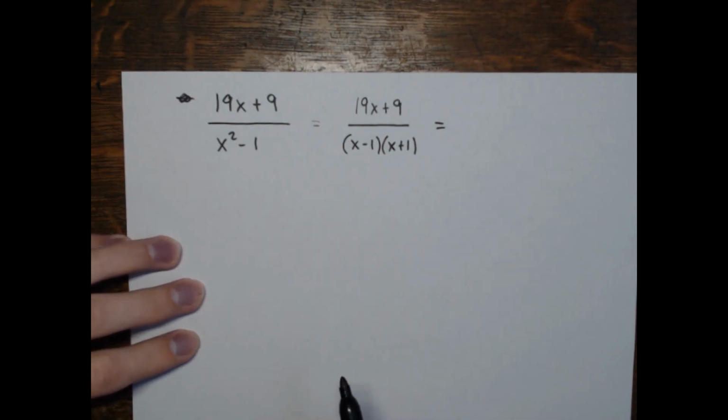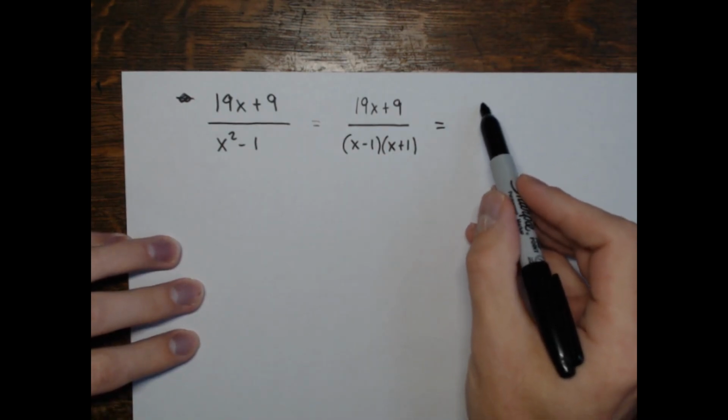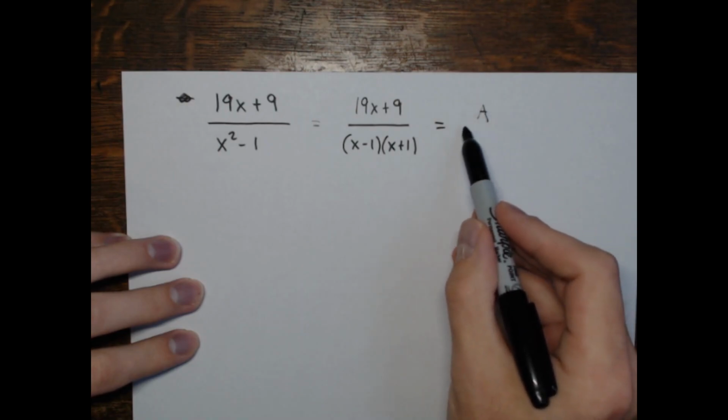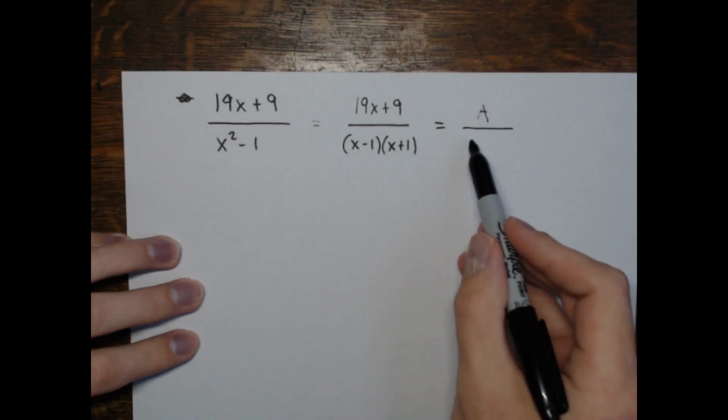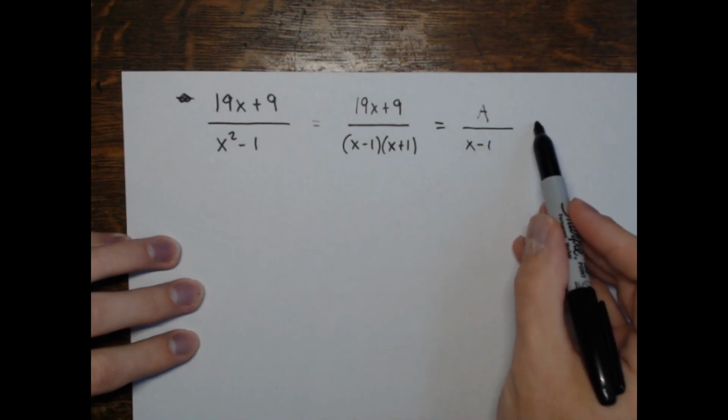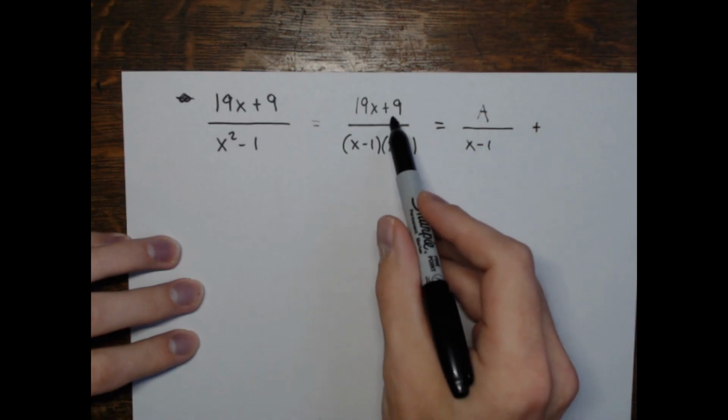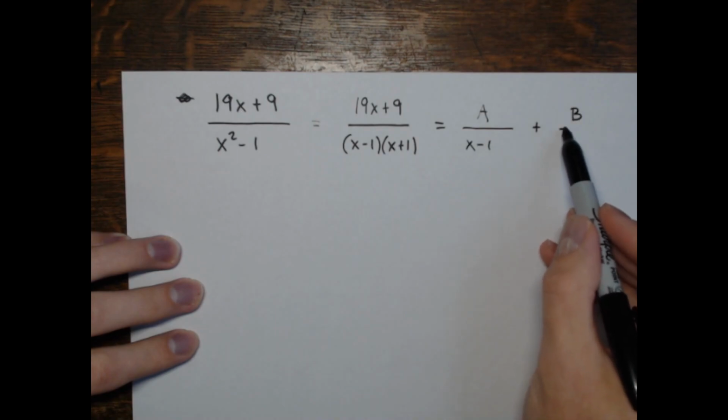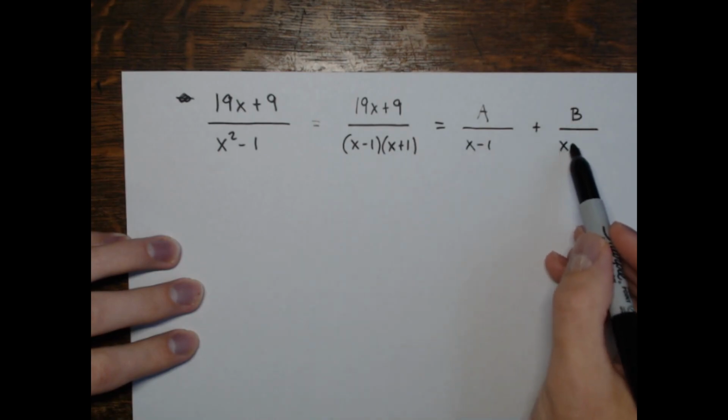So when I do my partial fraction decomposition, I could break this up to a proper fraction, some constant A over x minus 1 plus some constant B over x plus 1.